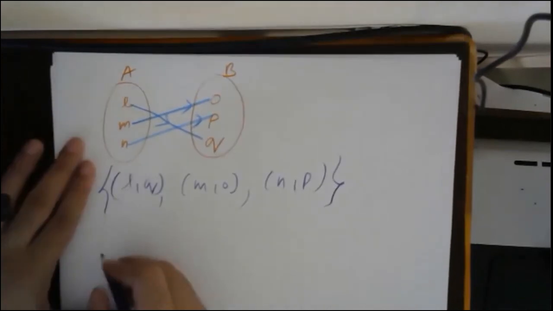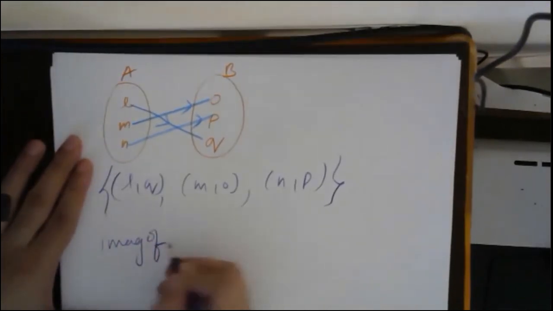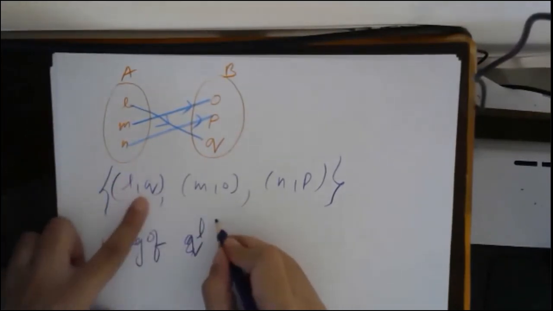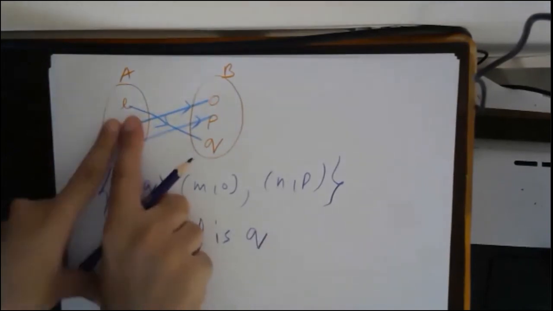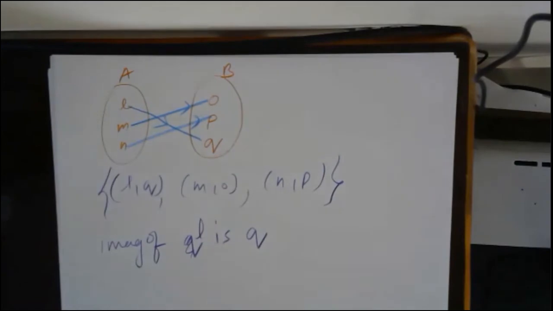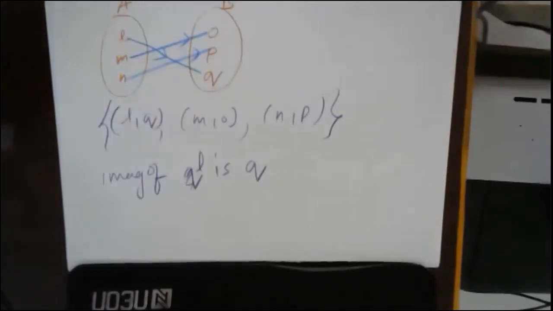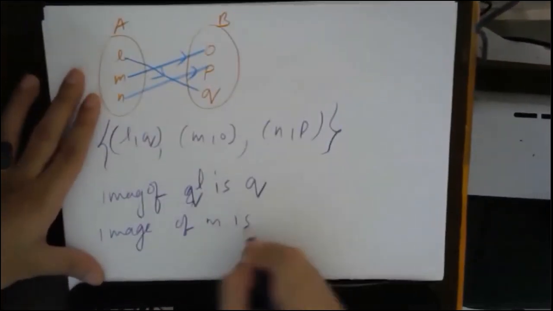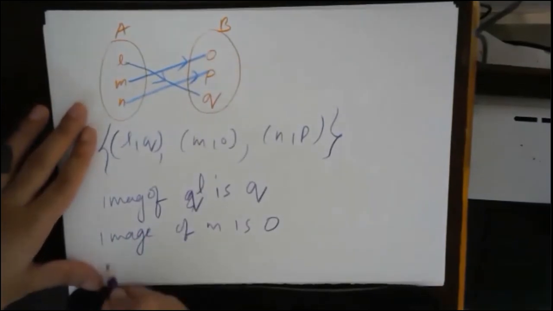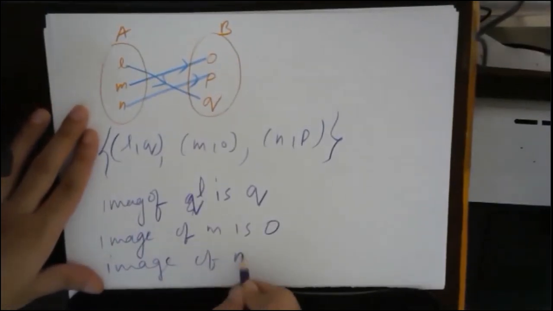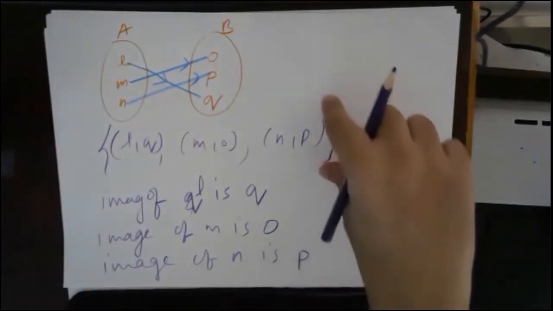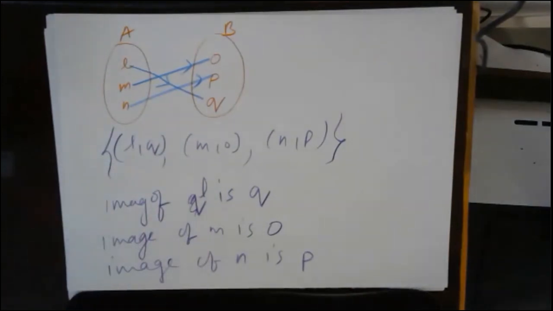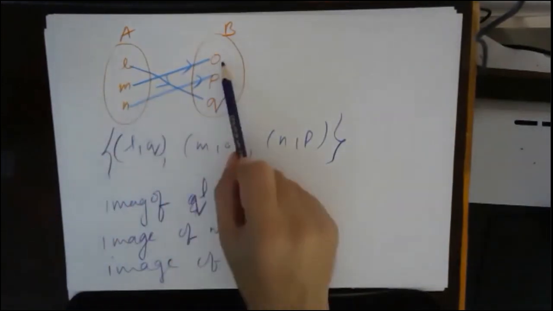Then I can say that the image of L is Q. If I want to write in long words, I will write image of L is Q. Image of M is O. Image of N is P. Either I can write this or I can write this.